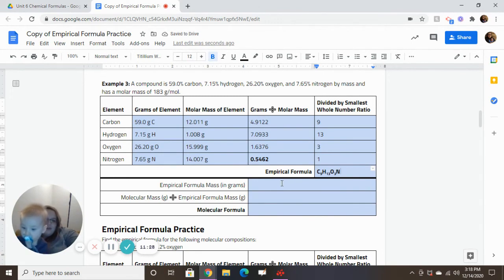All right, for my empirical formula mass in grams, I'm going to do 9 carbons plus 13 hydrogens plus 3 oxygens plus 1 nitrogen. And I'm not going to write that out this time because I don't have enough space, but I'm going to do it in my calculator.